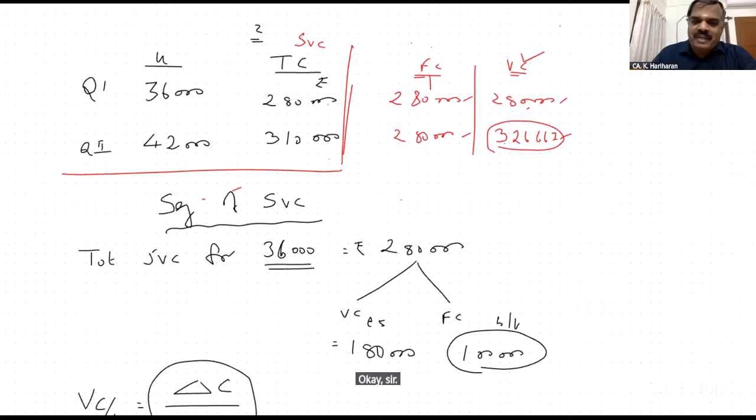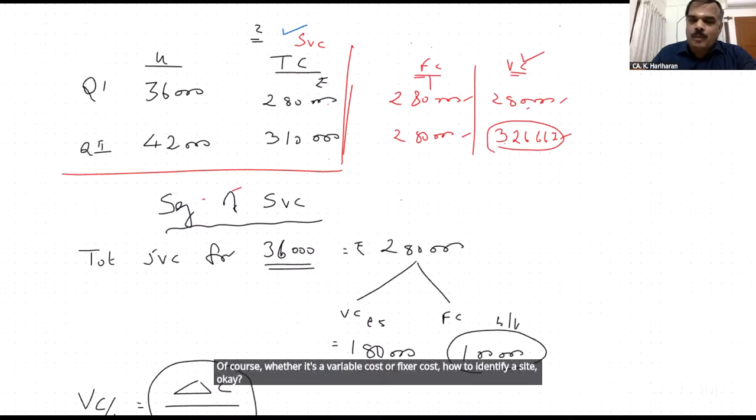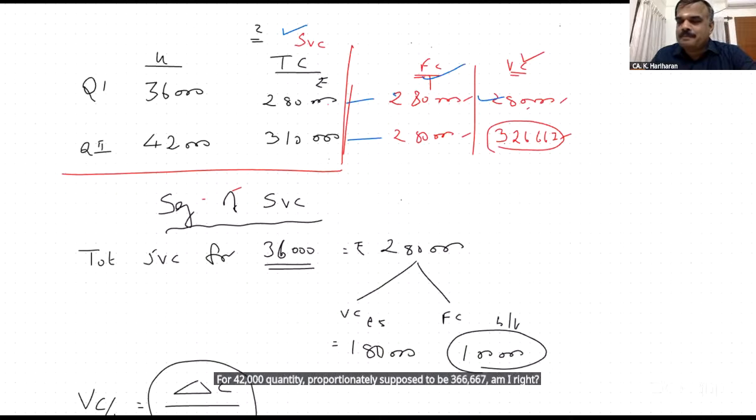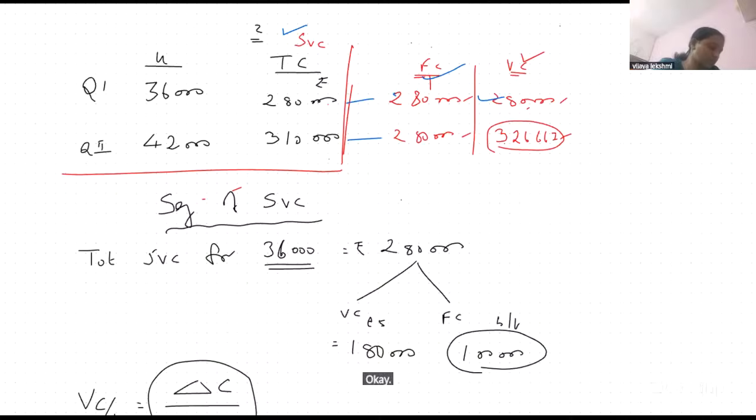Suppose whether it's variable cost or fixed cost, how do you identify exactly? If 2,80,000 is there in both the columns in the question, that is called a fixed cost. Suppose in the question, for the first quarter 2,80,000 for 36,000 quantity, for 42,000 quantity proportionately it would be 3,26,667. If it is so, then it is called variable cost.